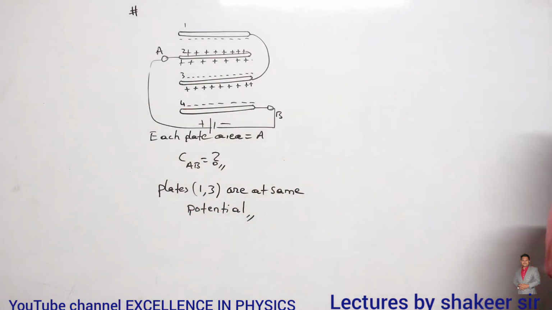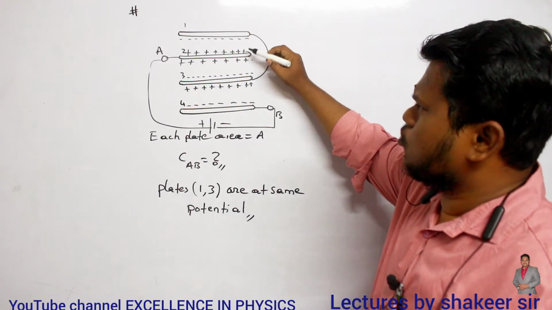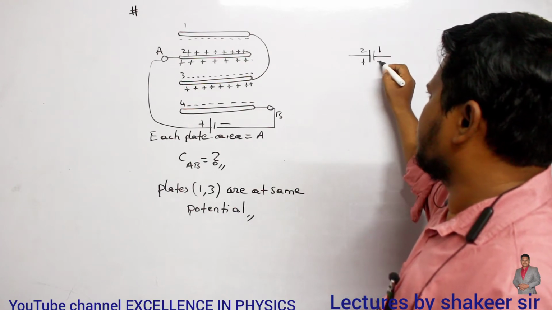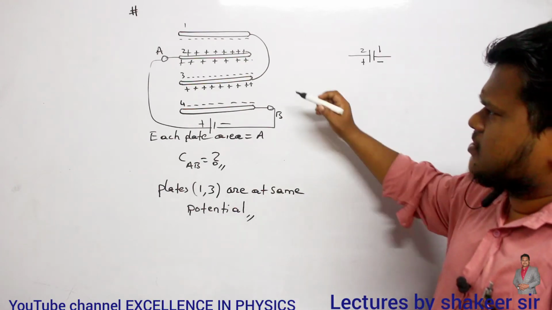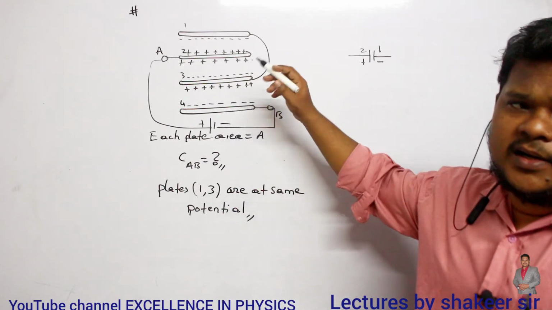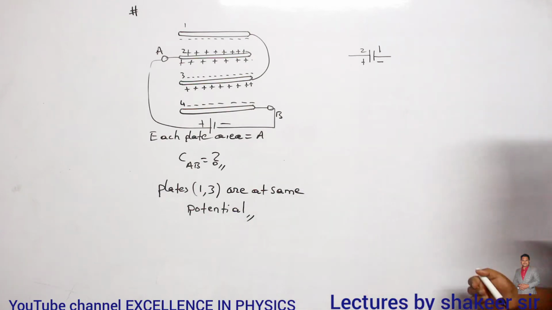Now try to arrange these plates in the form of a circuit. Let us see. First we will start from positive plate 2 and plate 1. So 2, 1: this is positive and this is negative. From the same second plate I will form another capacitor, which is 2, 3. The second plate must be at the same potential.